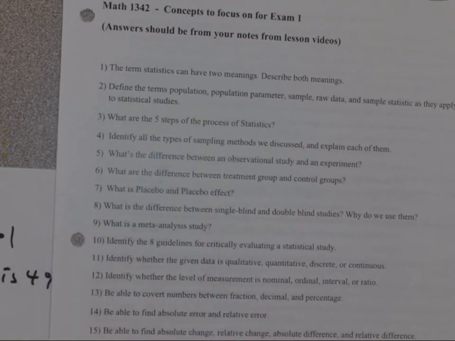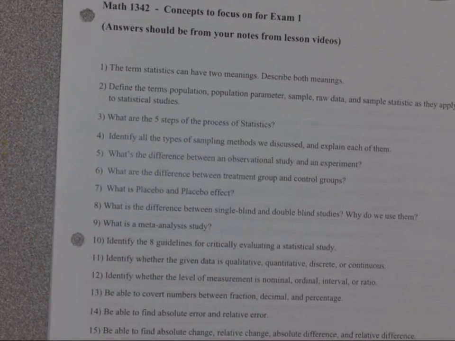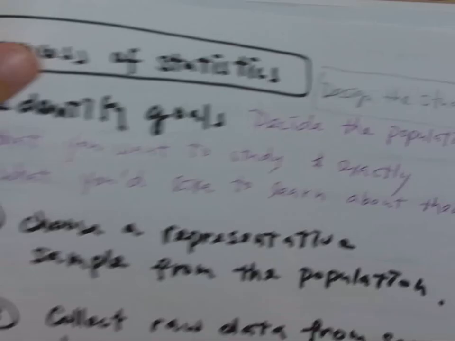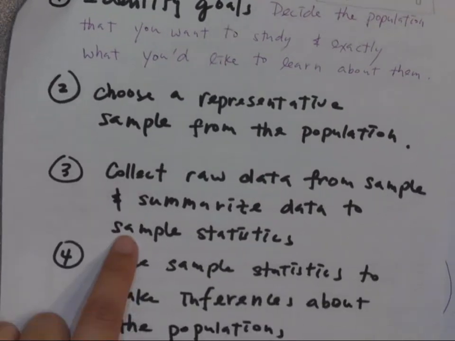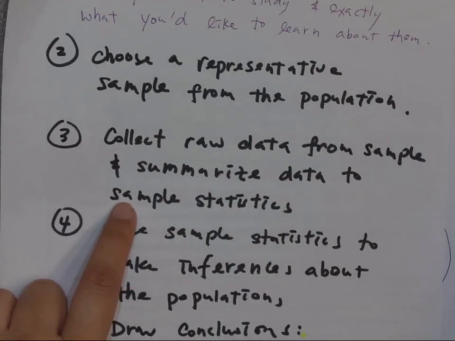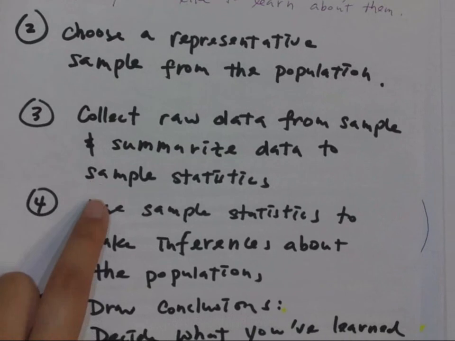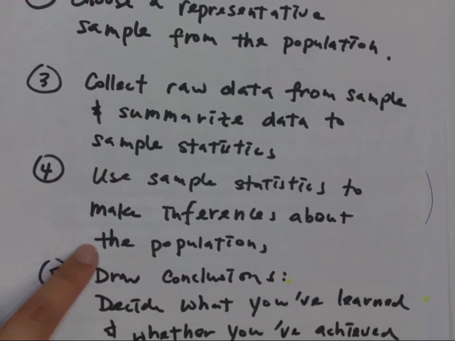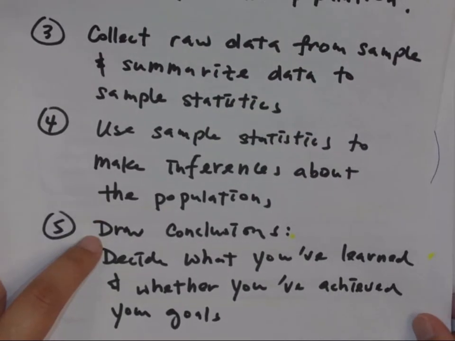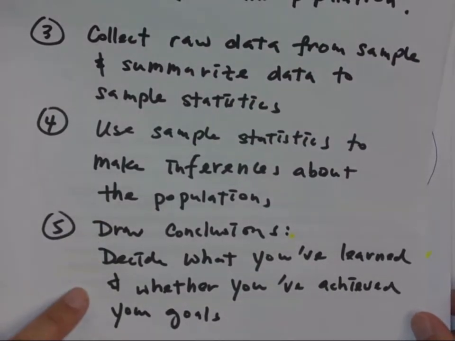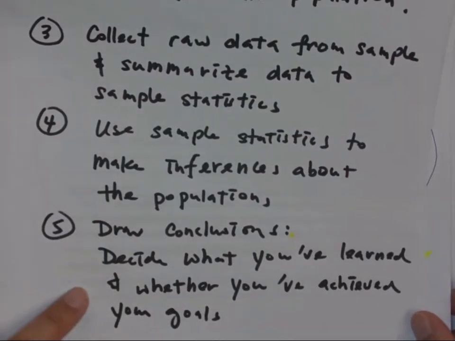It talks about the 5 steps of the process for statistics. So the basic step is a lot of time you need to set some goals, and then you need to find representative samples. And then you collect raw data and you're somehow summarizing it so you get the sample statistic. And then using the sample statistic, you need to make meaning to the population parameter, and then you draw some kind of conclusion and see if your goals are met.